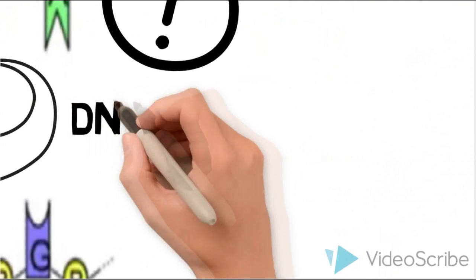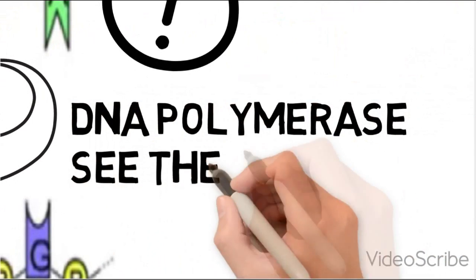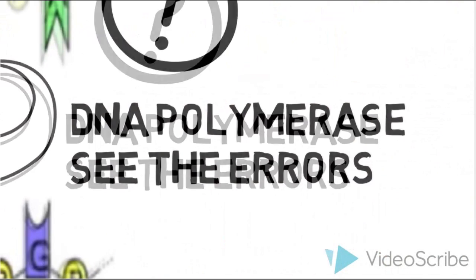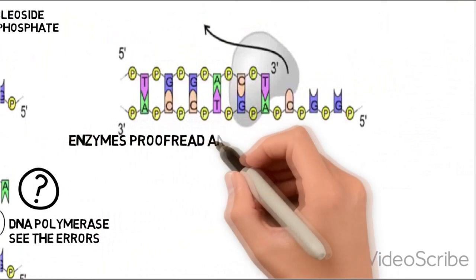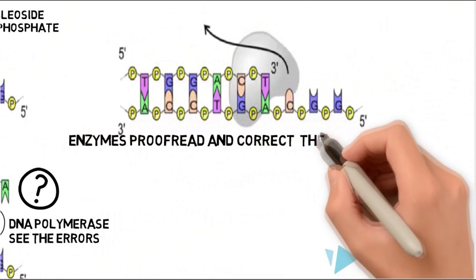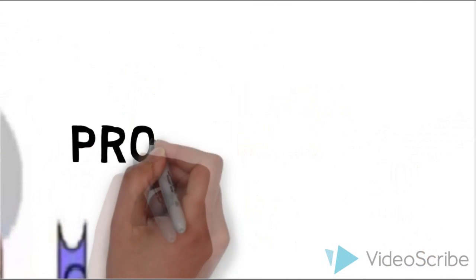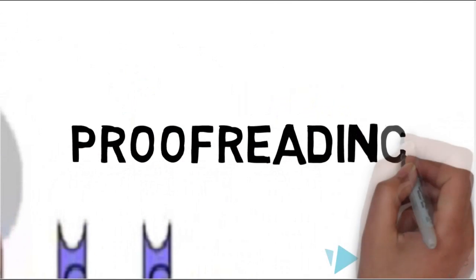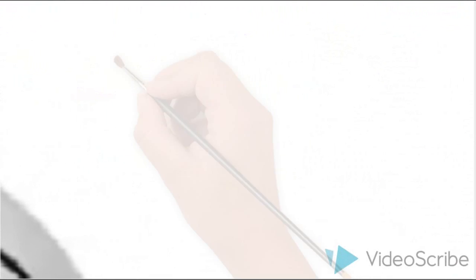In the beginning, DNA polymerase sees the error. Enzymes proofread and correct these mistakes. In this picture, you see proofreading. The adenine goes away and loses its energy, and a new nucleotide will come.